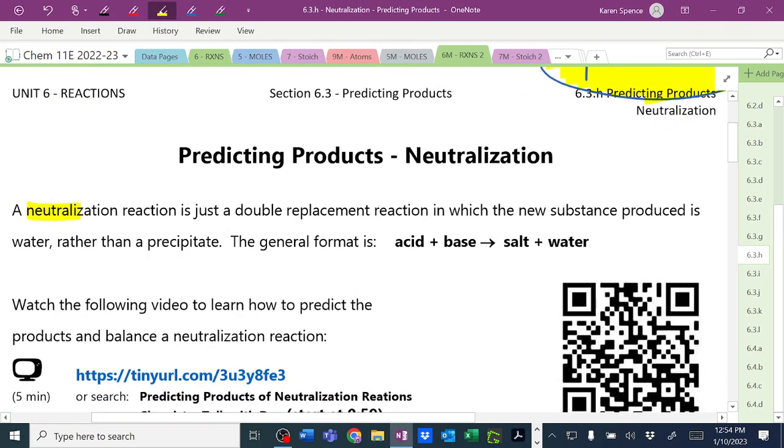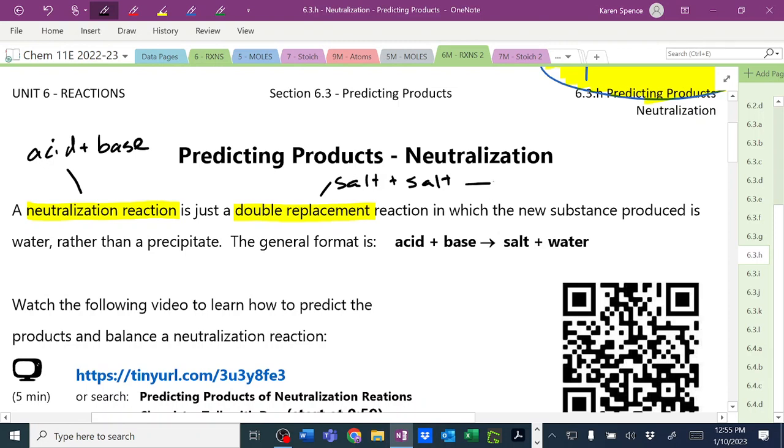So a neutralization reaction is really just a double replacement. The only difference is that instead of having two salts, salt plus salt, you'll have acid plus base, okay? So this one is salt plus salt. This one is acid plus base.